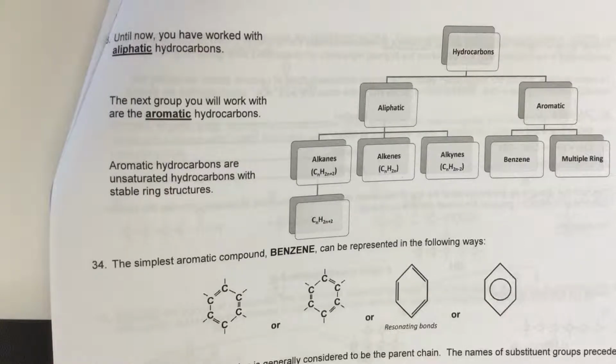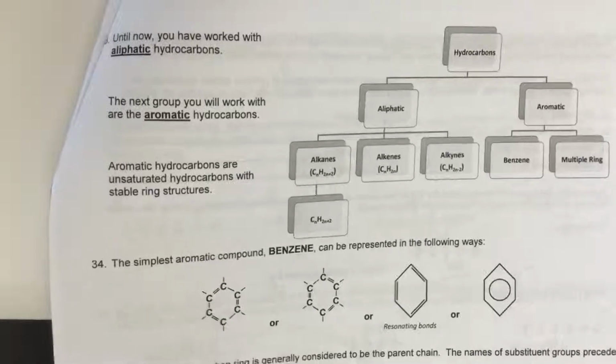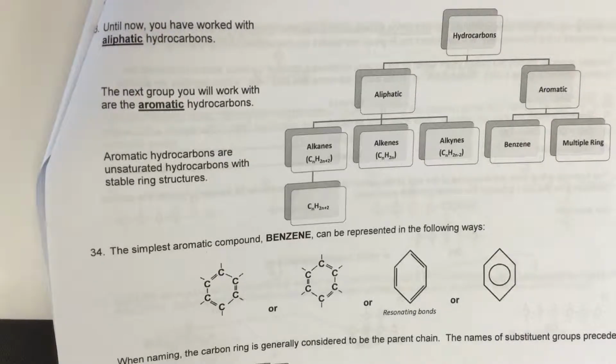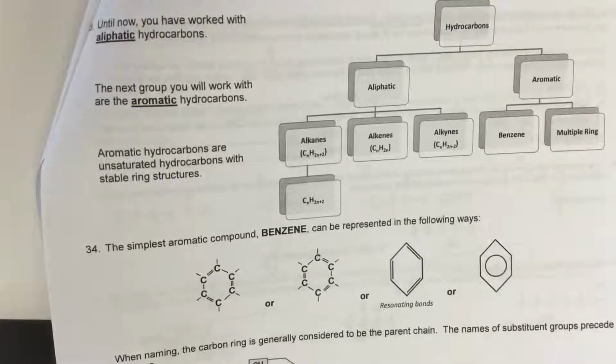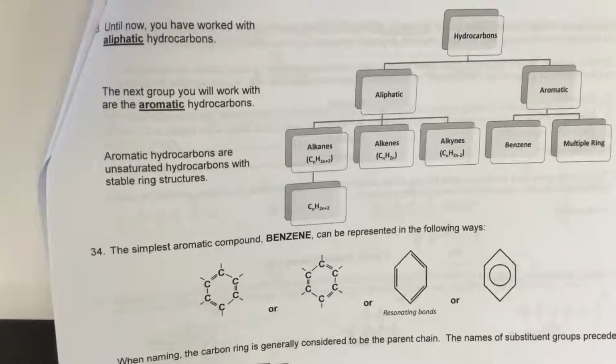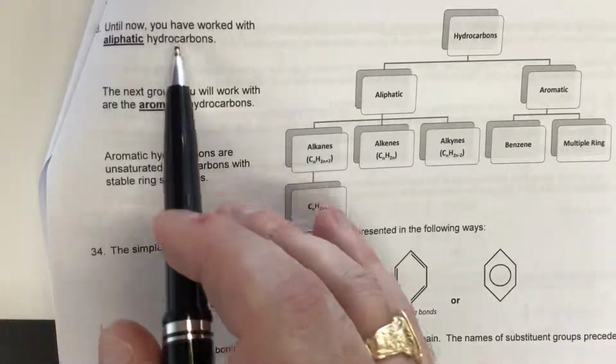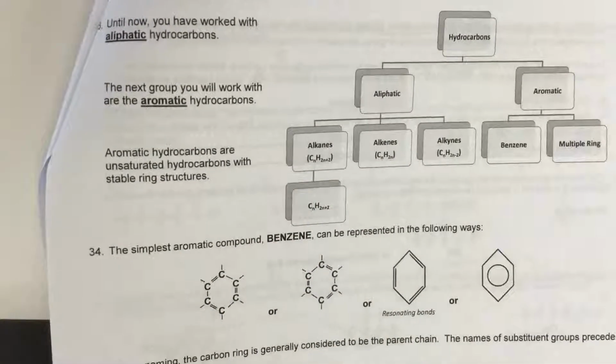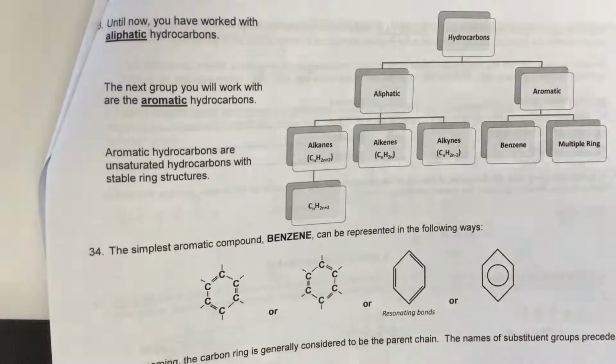We are going to quickly look at some aromatic compounds, and then we're going to look at some functional groups today. So it says here, until now, you have worked on aliphatic hydrocarbons. So those are your alkanes, alkenes, alkynes, which are your line structures, chain structures, and the cyclo ones as well.